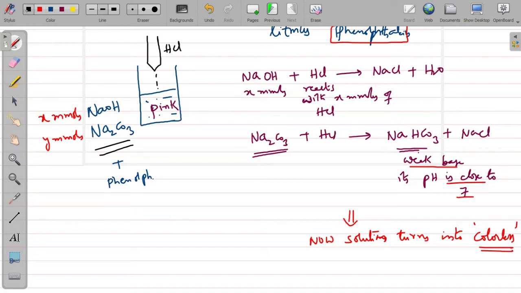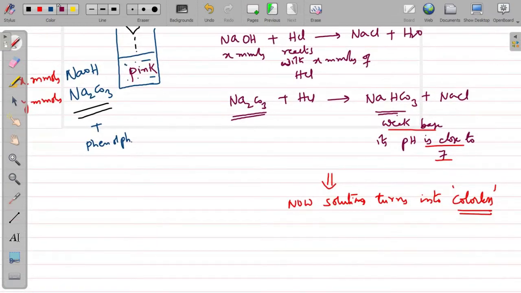Now at this point, what is there in the solution? NaCl is there, bicarbonate is there, and water is anyway there from the beginning because water is the medium here. Now what is the quantity of NaHCO3?